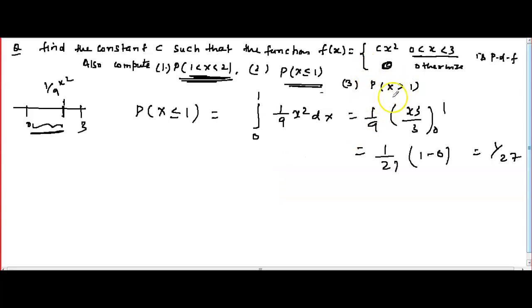Getting it? Similarly, x greater than 1. For x greater than 1, integrate from where to where? Tell me. This function is defined from 0 to 3, and 1 is here. So for greater than 1 you have to find from 1 to 3, and after 3 the function is 0 only. So no need to find that side, you only have to integrate between 1 to 3.